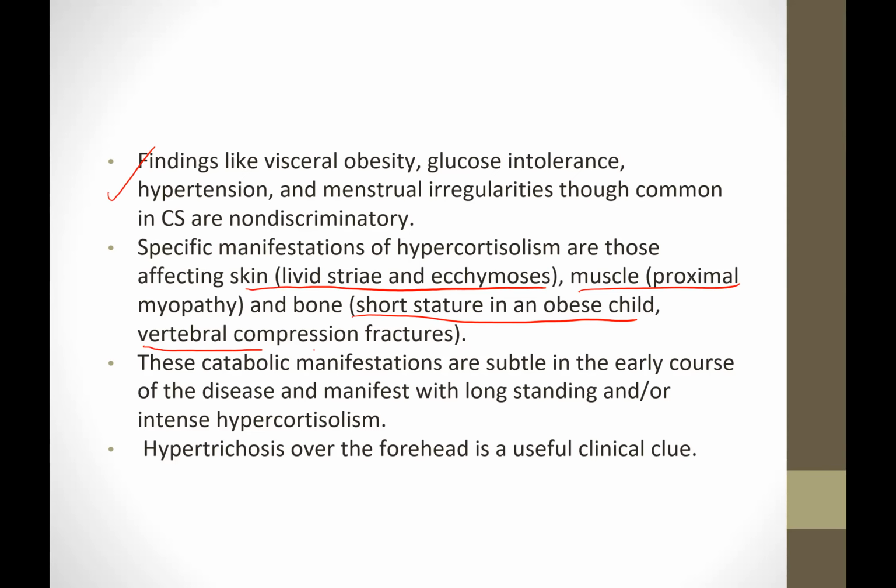And I remember this, I have an experience when young fellows presented with vertebral compression fracture. For some other reason they came for back pain. We looked at the vertebral compression fracture. When we evaluated ultimately, it landed into a pituitary-related Cushing's disease, which caused osteoporosis and vertebral compression fracture. This type of osteoporosis is called steroid-induced osteoporosis.